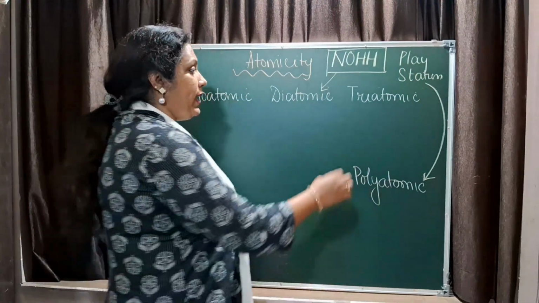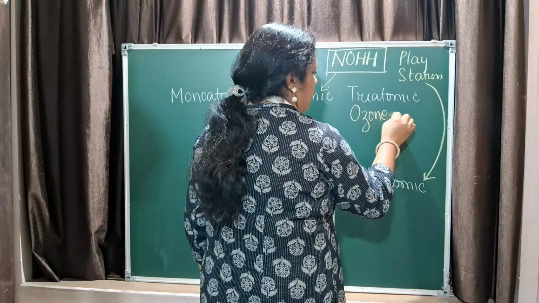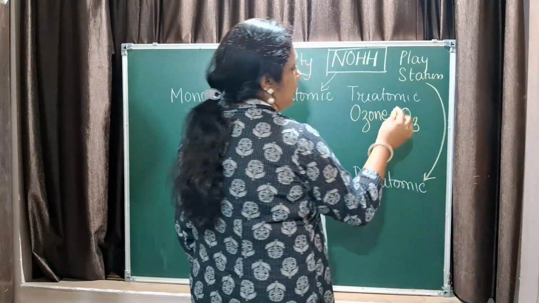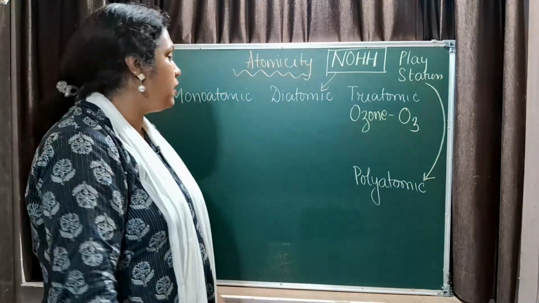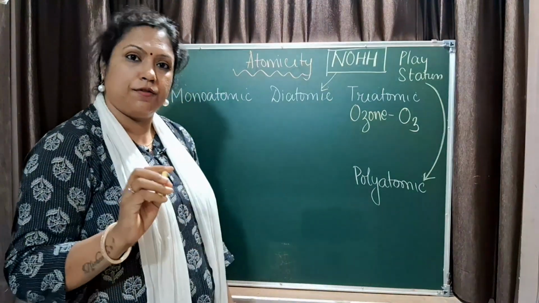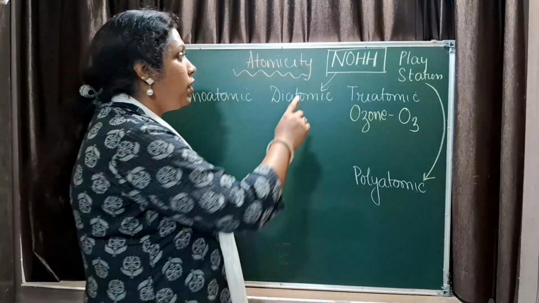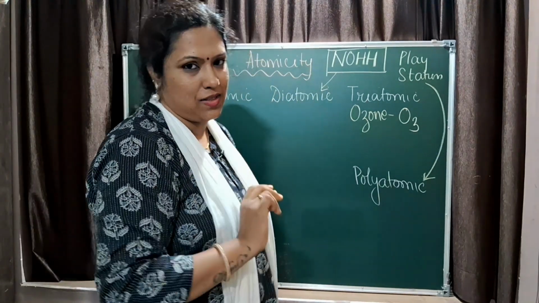Rest all except for ozone, that is O3, rest all are monoatomic. Let us see. We discussed about the first 20 elements. Before that, we need to know the full forms. Why have I used no PlayStation?